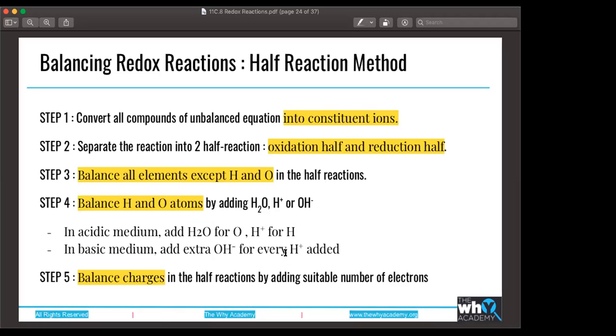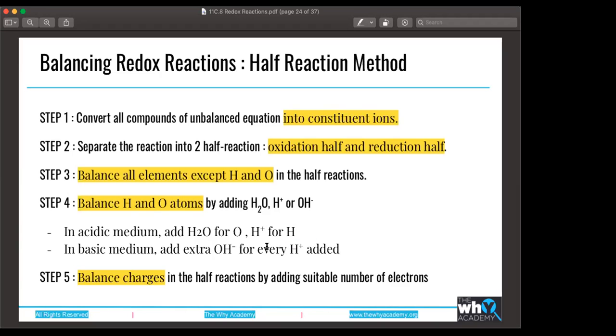So if you need to add H plus on either LHS or RHS, it always comes in combination: you need to add an extra OH minus for every H plus.